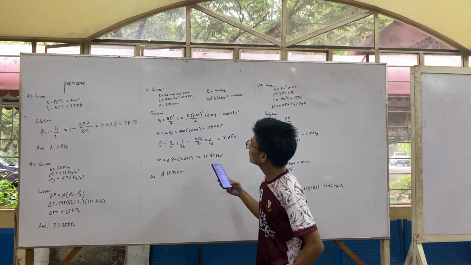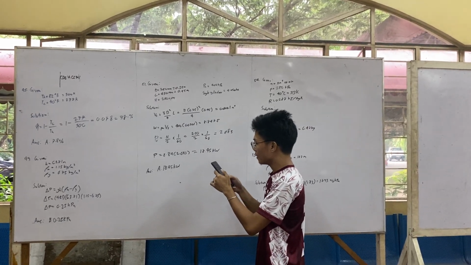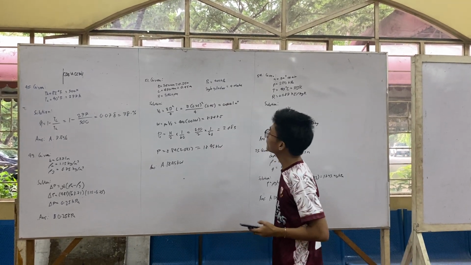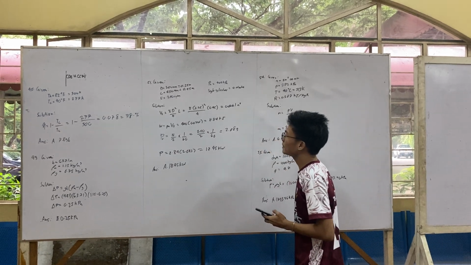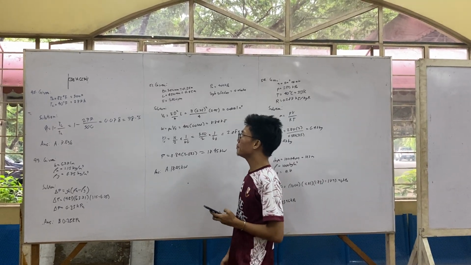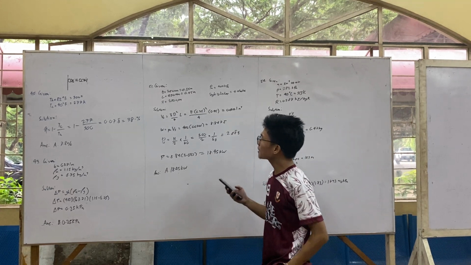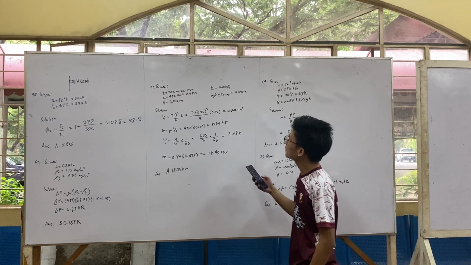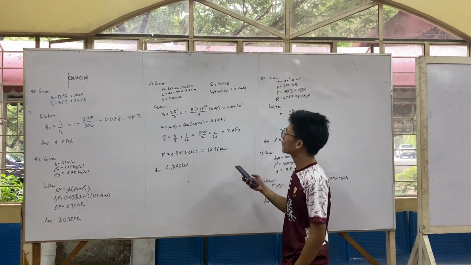Here we have the givens: diameter of 250 millimeters, which is 0.25 meter, and length of 450 mm or 0.45 meter, the speed of 250 rpm, the pressure of 400 kPa, and a single cylinder, which is 4-stroke.